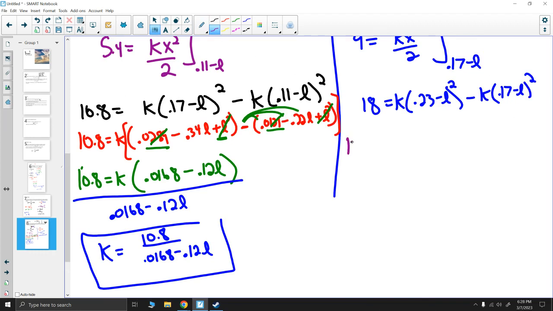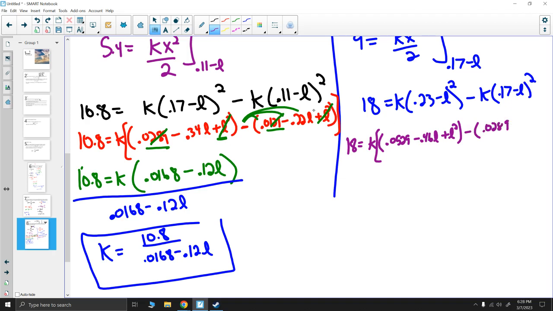So we are now going to plug this in over here, but I'm going to clean this one up as well first. So we have 18 is equal to, I'm going to factor the k out, 0.23 squared, which is 0.0529 minus 0.46L plus L squared, bracket, minus 0.17 squared, which is 0.0289.